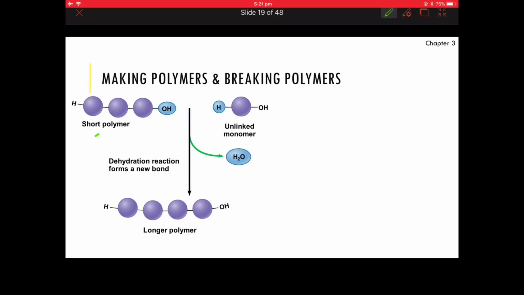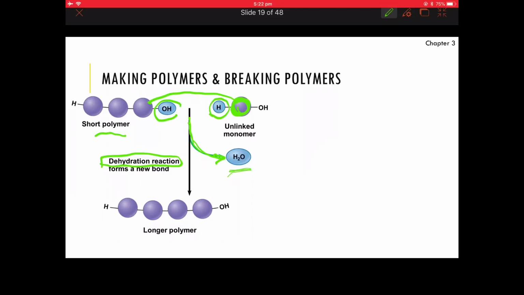So you've got a short polymer and you want to add this monomer, هذا monomer. So you want to add it, you want to make a link. When you do that, water gets lost. Why? Because you have an H and an OH joining together to create H2O. The loss of H2O is called a dehydration reaction.